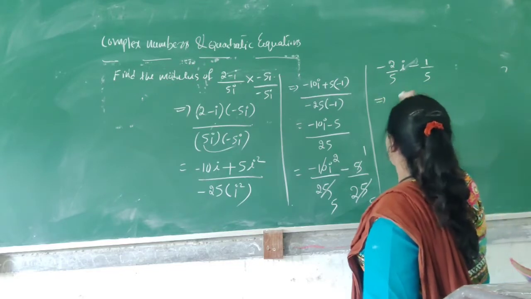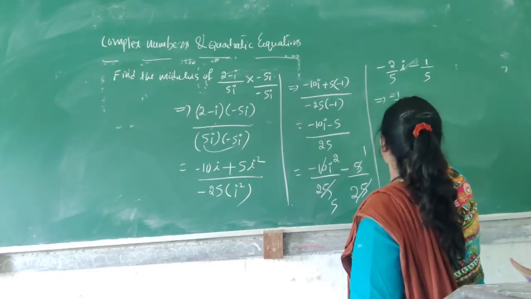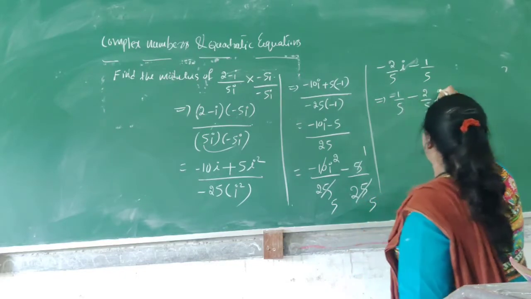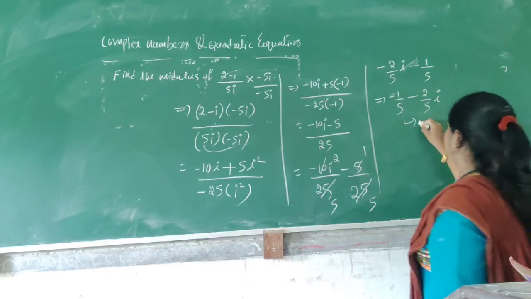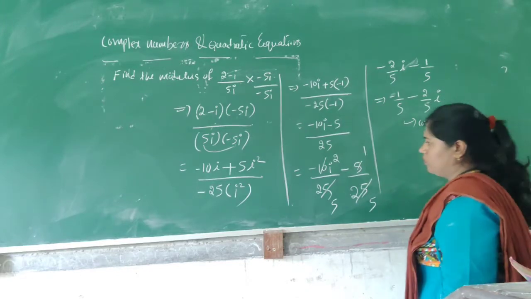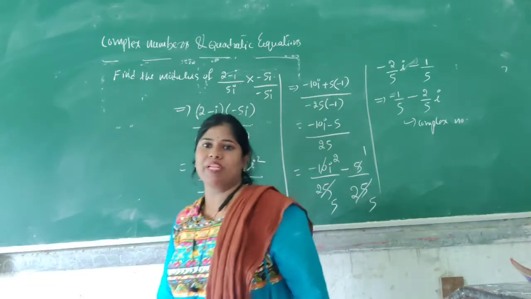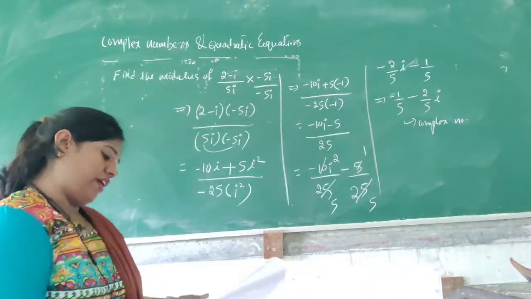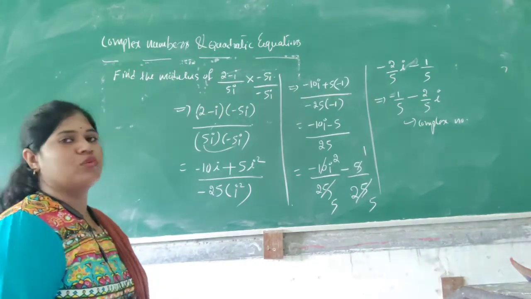So we write it like this: minus 1 by 5 minus 2 by 5 i. This is the complex number form.